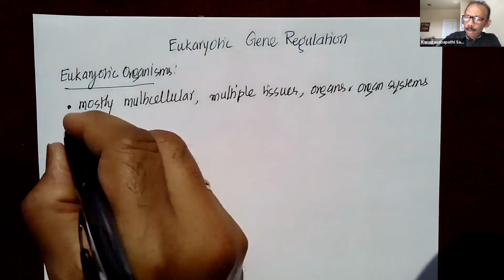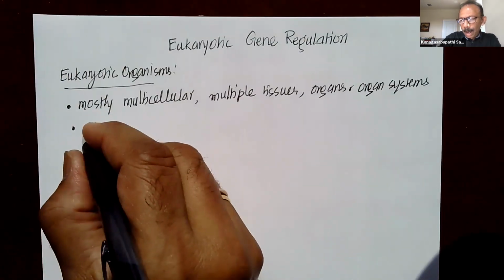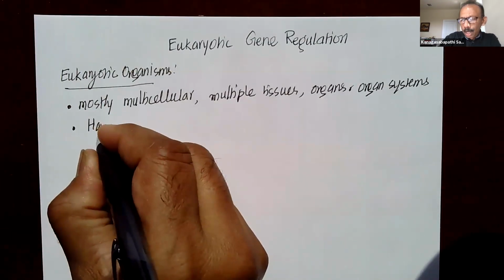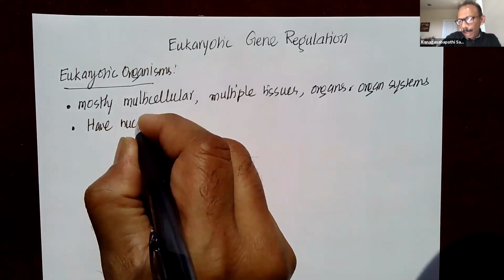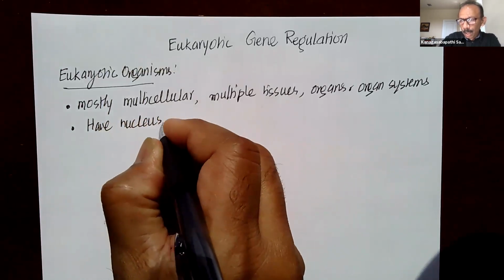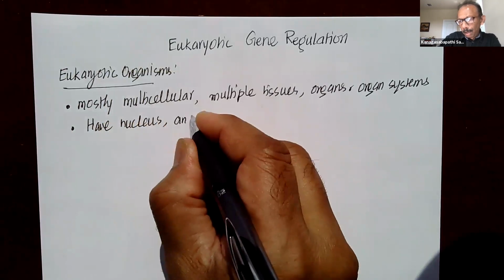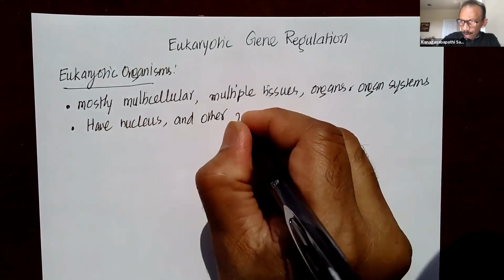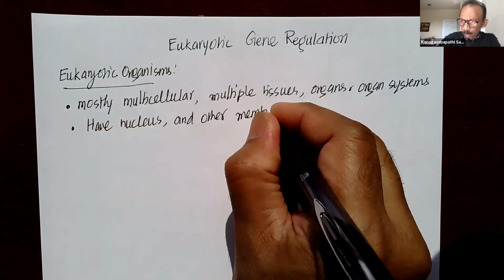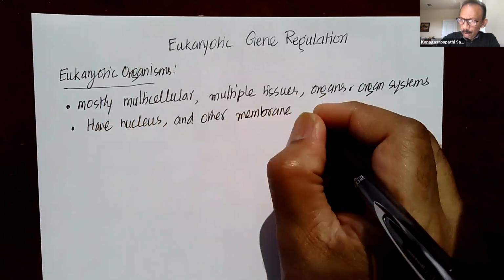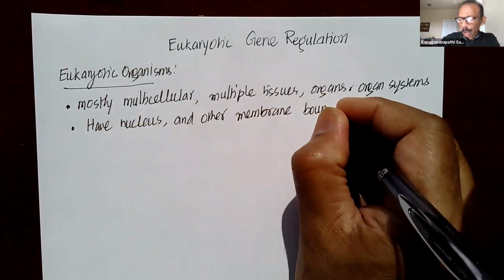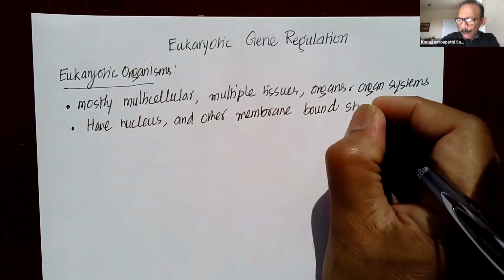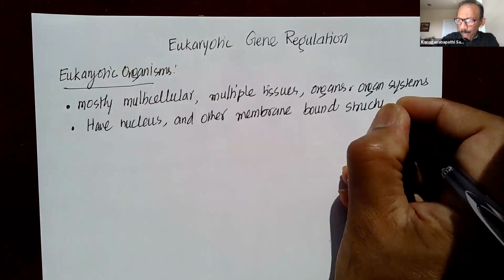So if you look at the cellular level, they have a nucleus. That's what makes a major difference. And other membrane-bound structures, you call them organelles, chloroplast, mitochondrion, and so on.